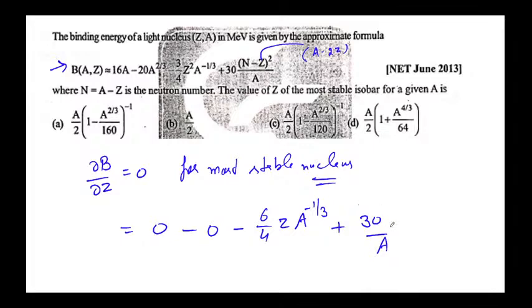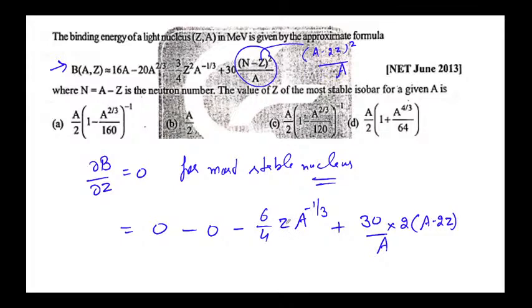So this comes out to be 2 into (A minus 2Z) over A. So this equation we can write something like (A minus 2Z) square over A.